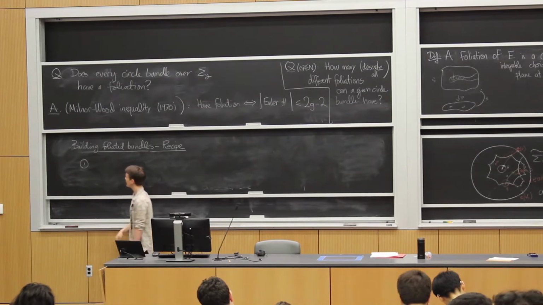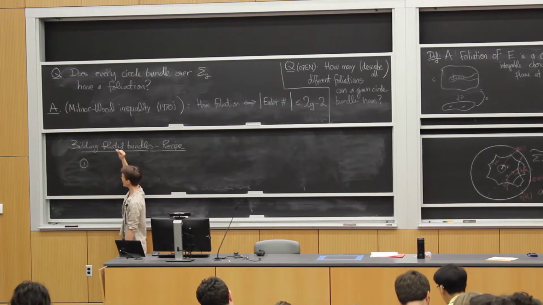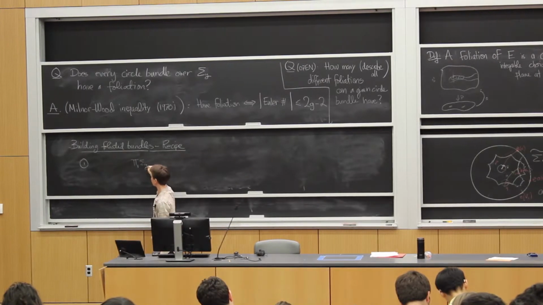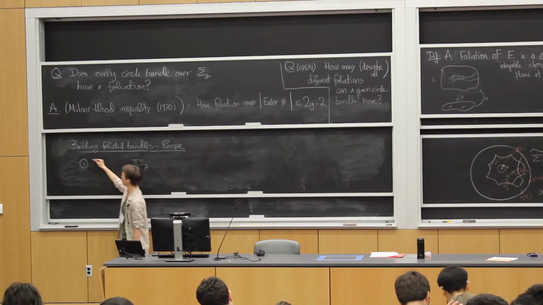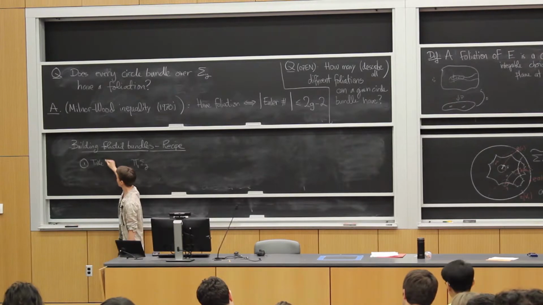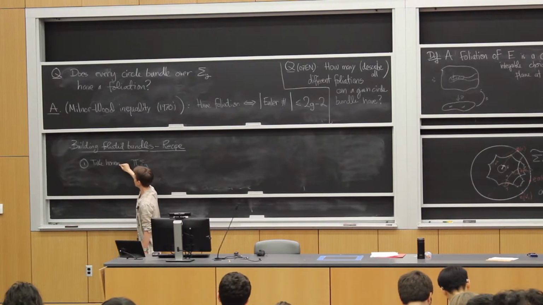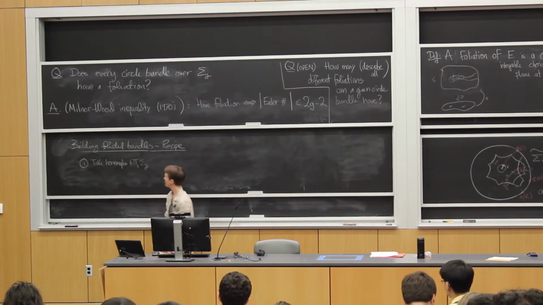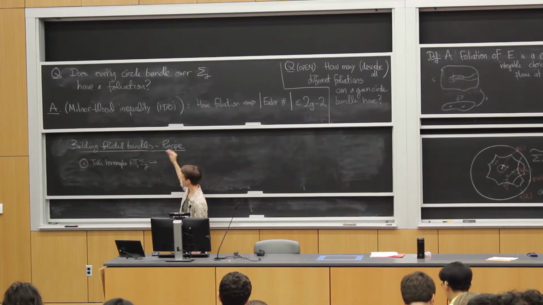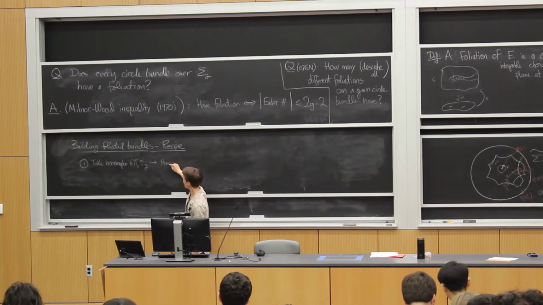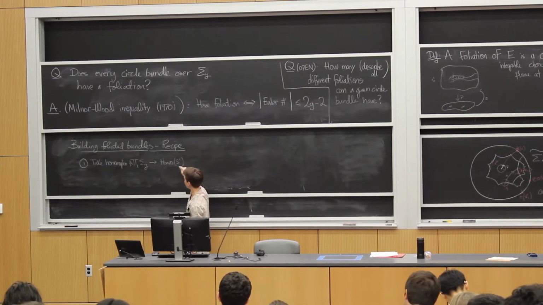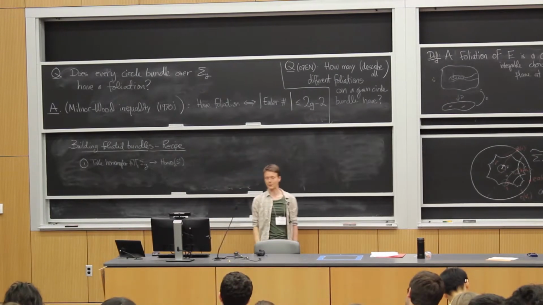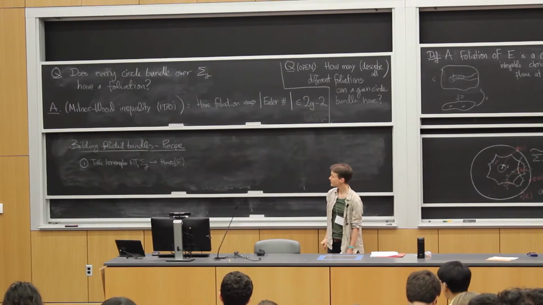Step one is you look at the fundamental group of your surface, and you take a homomorphism, let's say phi, from the fundamental group to the group of homeomorphisms of the circle. Let's say you preserve orientation if I want my object to be orientable at the end.